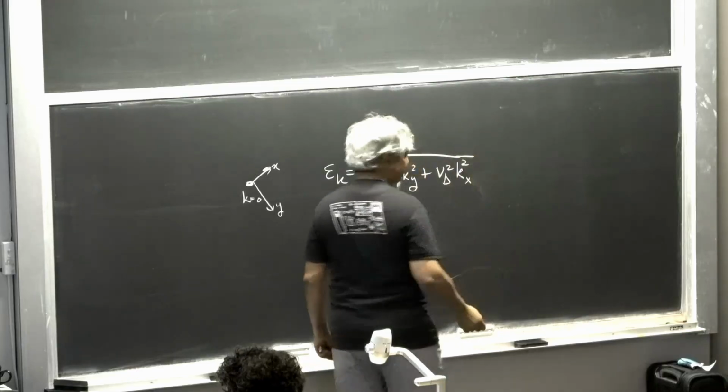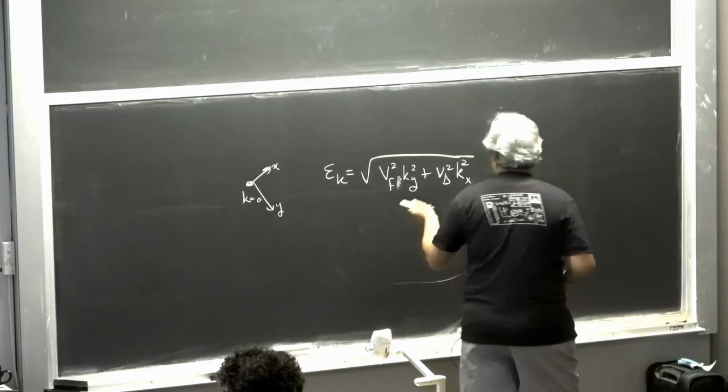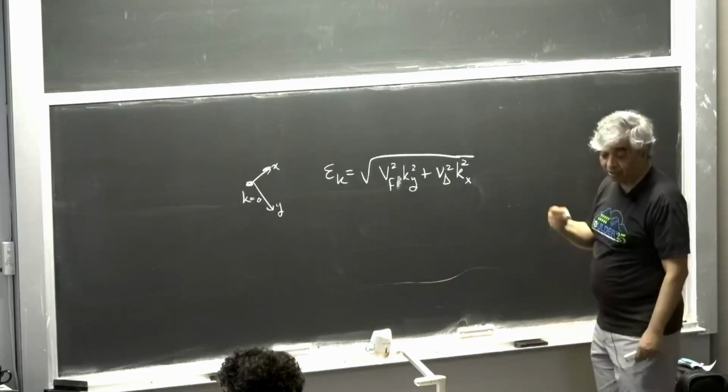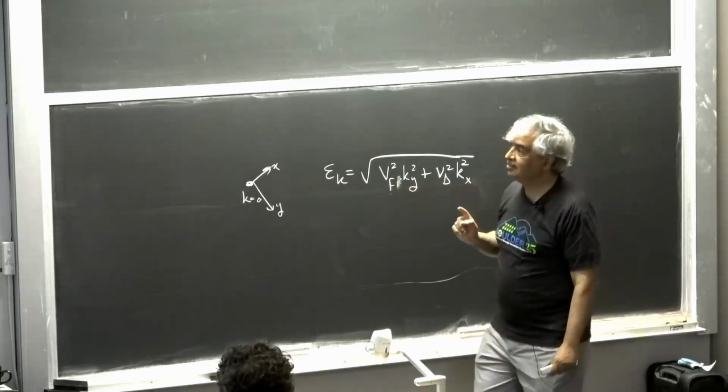This is just what happens in BCS theory also. This is the actual dispersion of the Bogoliubov quasiparticles, and this defines Vf and V delta.